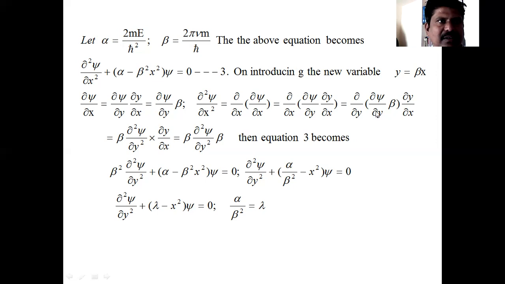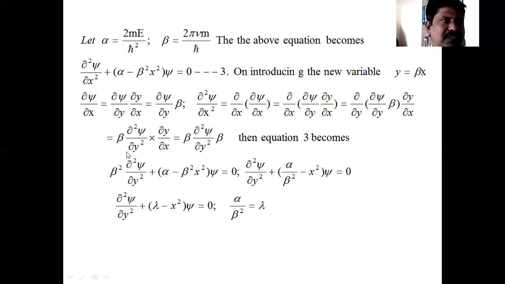So this one, instead of y, it should be x. This one becomes ∂ψ/∂x, but y is not changed. So this y you want to change to x.